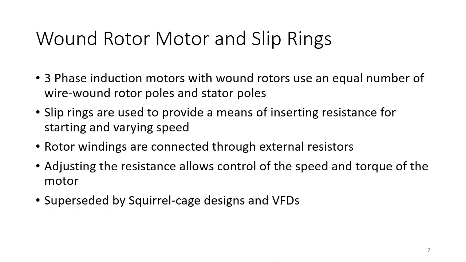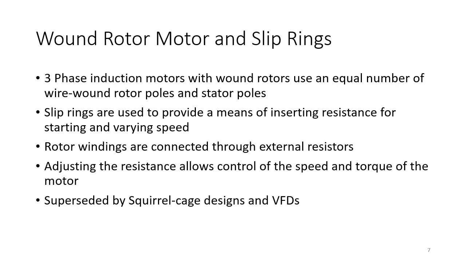Now we have the concept of wound rotor motors and slip rings. In a typical 3-phase induction motor with wound rotors, there's an equal number of wire wound rotor poles and stator poles. Between these you might have slip rings. These are used to provide a means of inserting resistance for starting and varying speed.